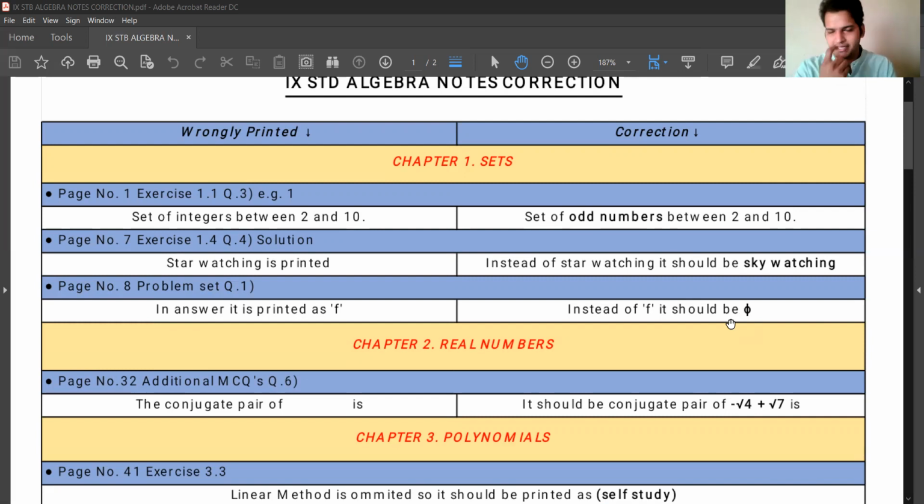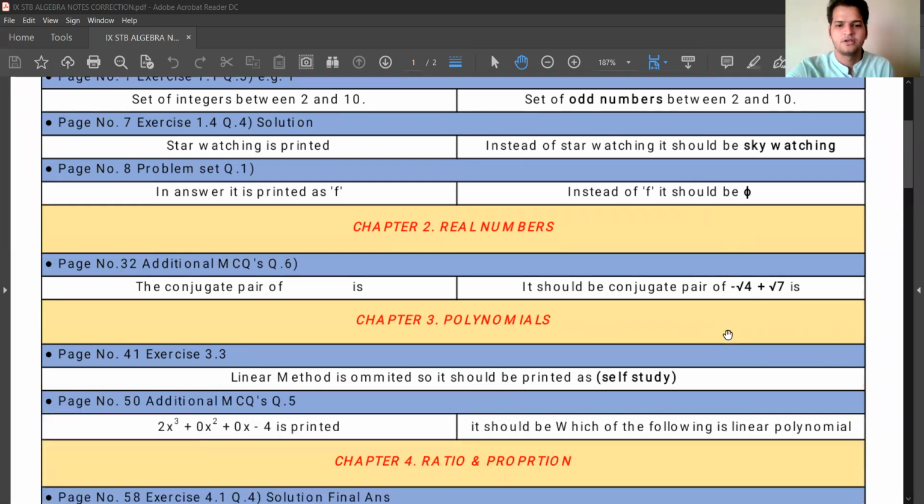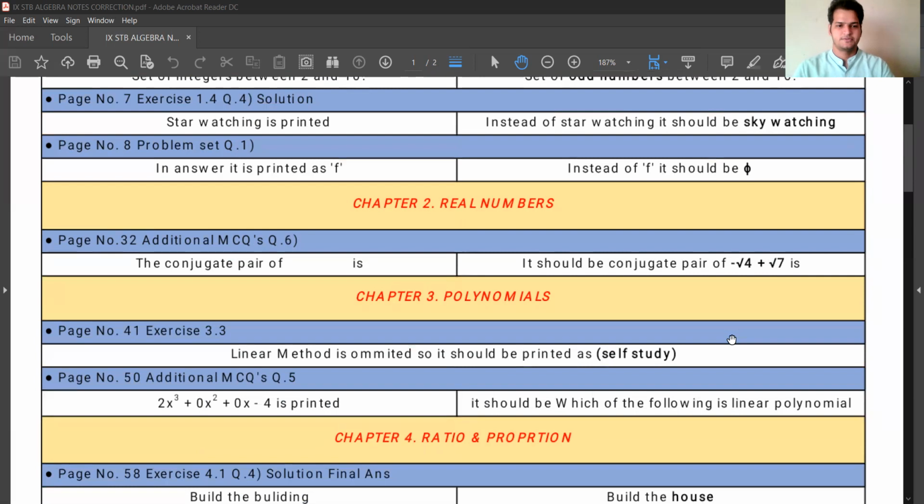Now students, you can even pause the video and look at the corrections on your screen and rectify the corrections in your book, right? Now, chapter number 2, real numbers, page number 32, the additional MCQ part, question number 6. The conjugate pair of, after that there is a space in between.